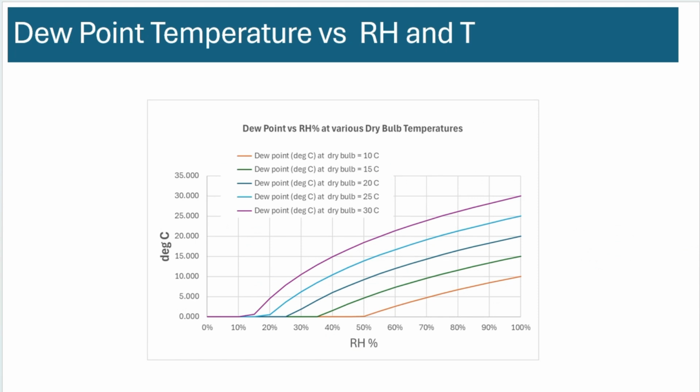Then this is the dew point versus relative humidity. Let's say you have a particular dry bulb condition of 25 degrees C. That would be this one. And at 100% humidity, the dew point is the same as 25 degrees C. As the relative humidity keeps decreasing, the temperature at which condensation will start, which is the dew point, also keeps decreasing.